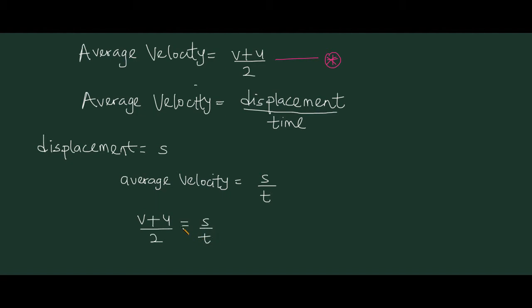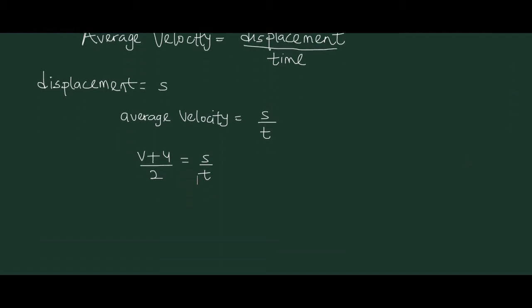From here, I'm going to substitute for v, since we can recall that from the first equation of motion, v is equal to u plus at. When I substitute for v in this equation, this will be s over t is equal to u plus at plus u, all over 2.